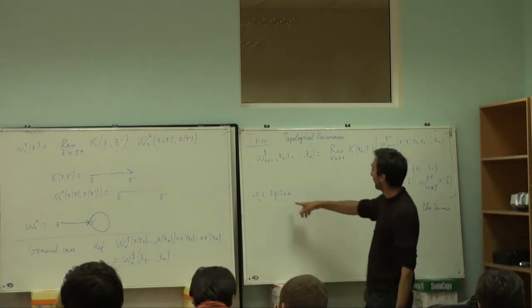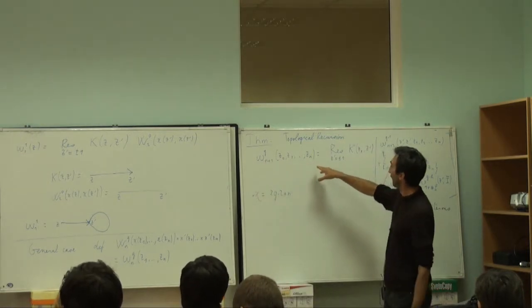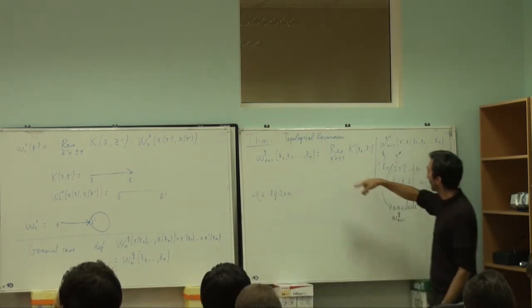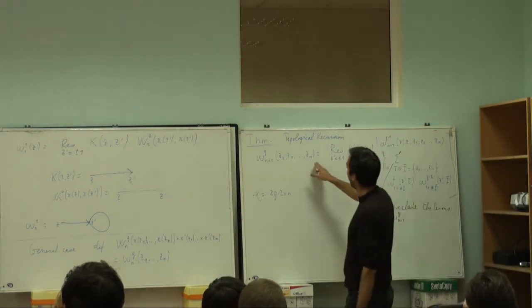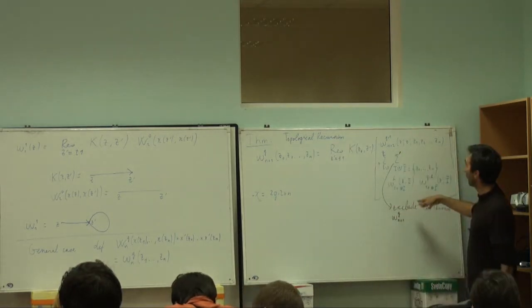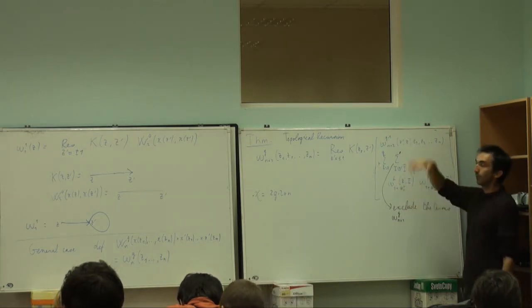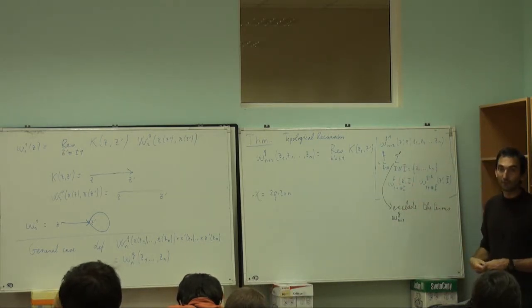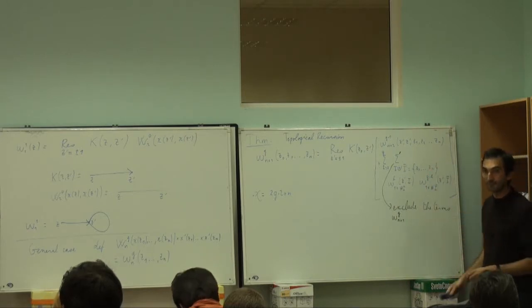So the fact that minus chi is strictly larger in the left-hand side than in all terms in the right-hand side means that if you want to compute the left-hand side, the right-hand side involves only functions which you have already computed at the previous step. So this is really a constructive recursion relation. From this recursion relation you can really compute everything.